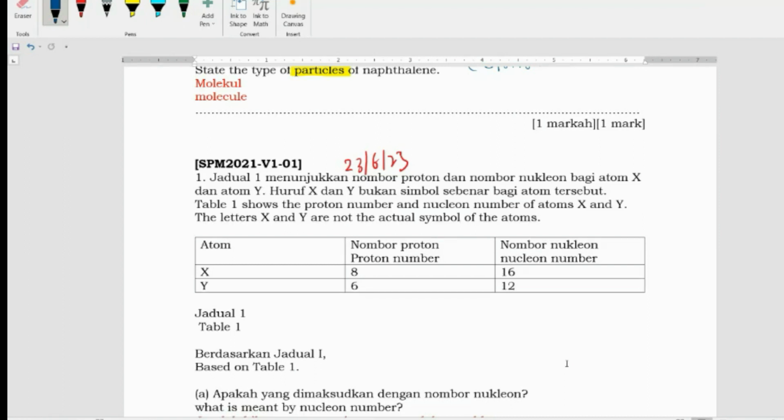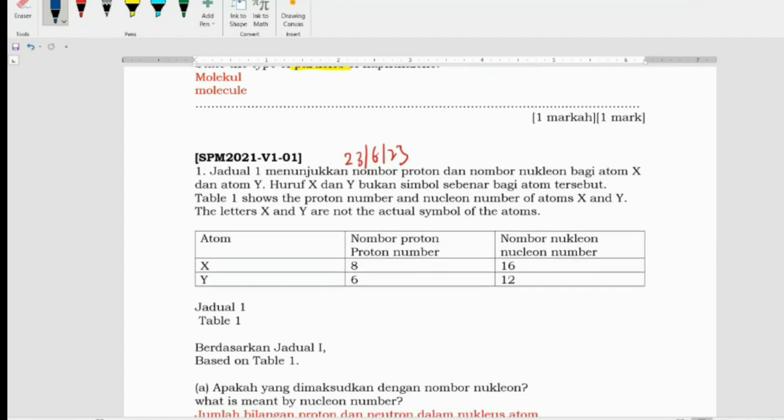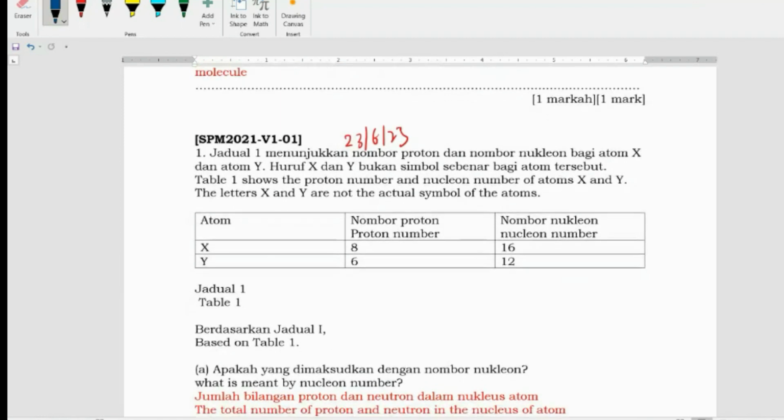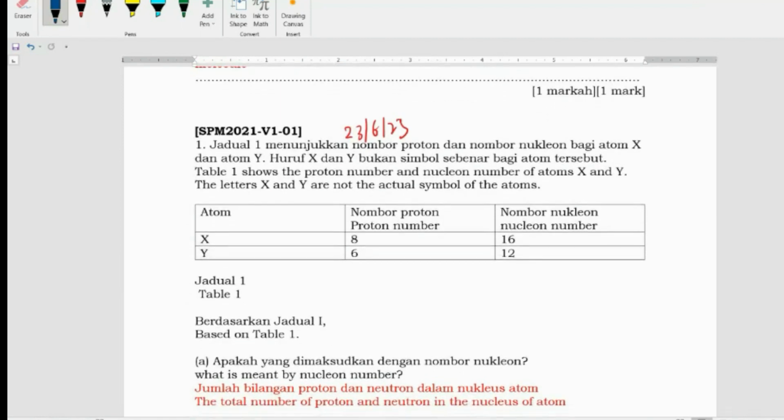Total number of proton and neutron is the same. Total number of proton and neutron. Okay, tambah belakang lagi, sikit lagi. In the nucleus of the atoms.